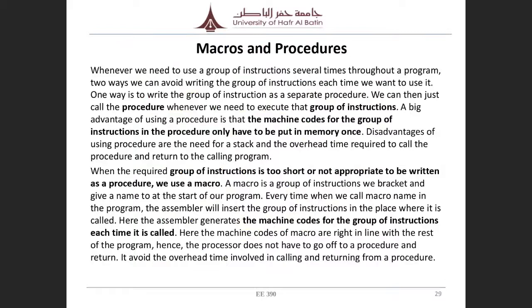With an example, try to get it. What is the difference between macro and procedure? Then this chapter is done. So define it and try to get it, and with the example maybe you can try to get it.